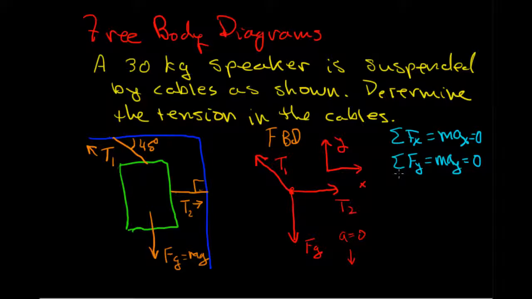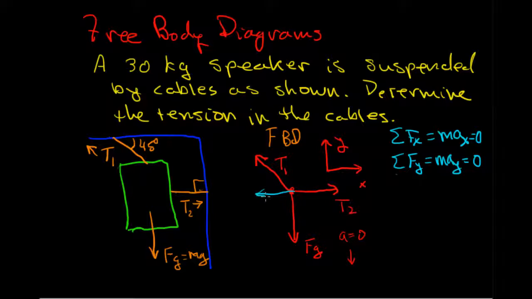This T1 doesn't fit into either category, an X direction force or a Y direction force, so I have to find some way to arrange it so that it does. Anytime I have a force that's not on one of my coordinate axes, I have to find components of it in that coordinate system.